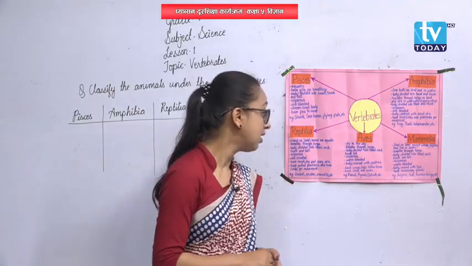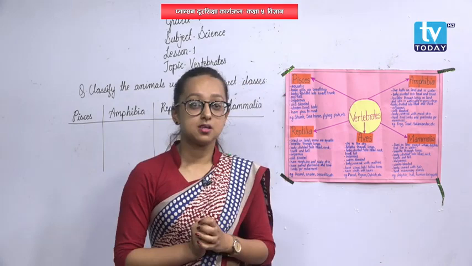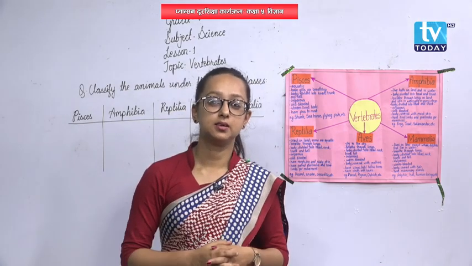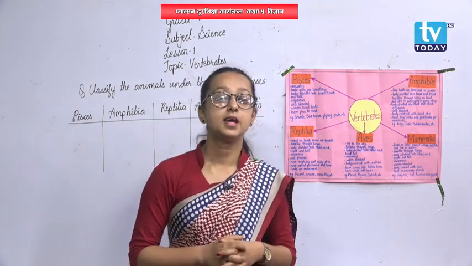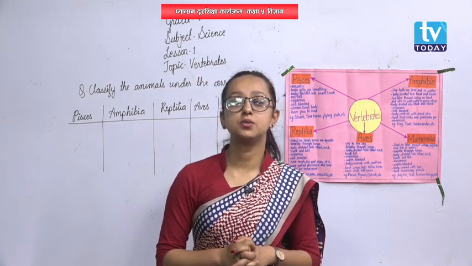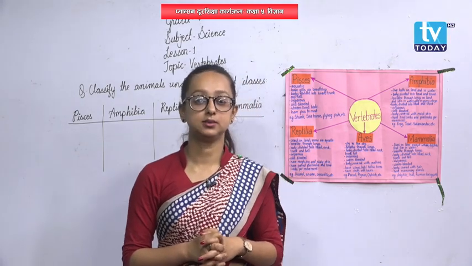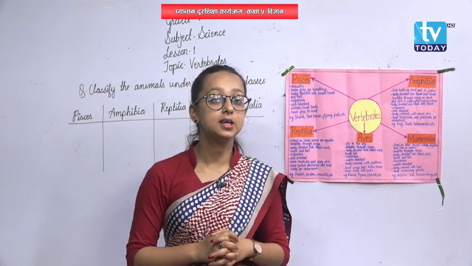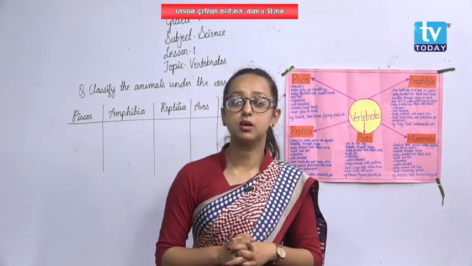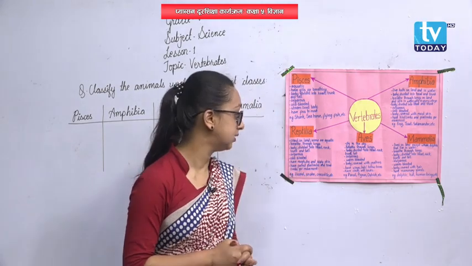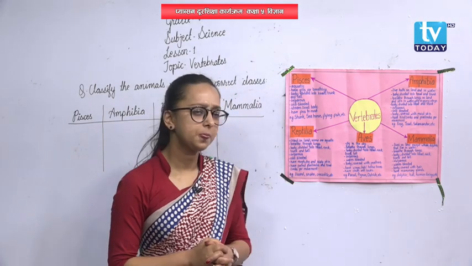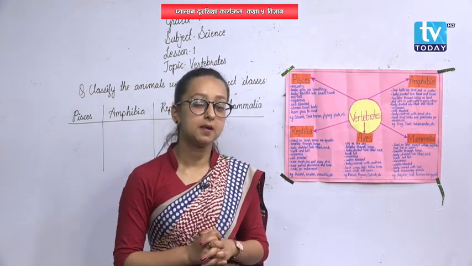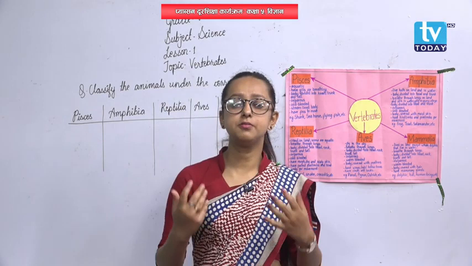So, and apes, how do they breathe? They have air sacs in their body, as well as they breathe through lungs. Okay, they have air sacs in their body and they also breathe through lungs. So, birds, are they oviparous or viviparous?